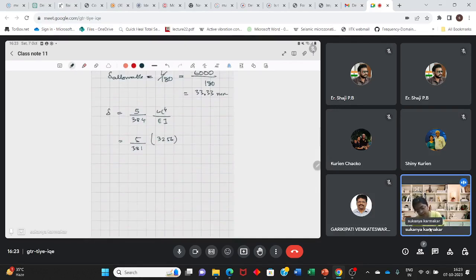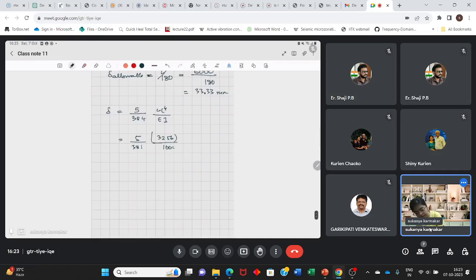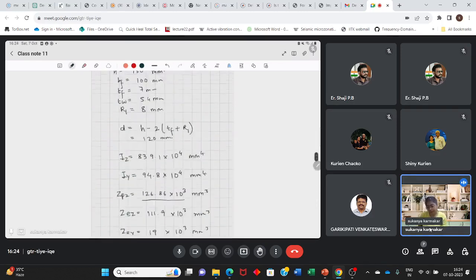This is in Newton meter. So let's convert it into Newton per mm by 1000. Length is 6 meters or 6000 mm. E is 2 into 10 to the power 5 Newton per mm square. And I of the section, is it mentioned?